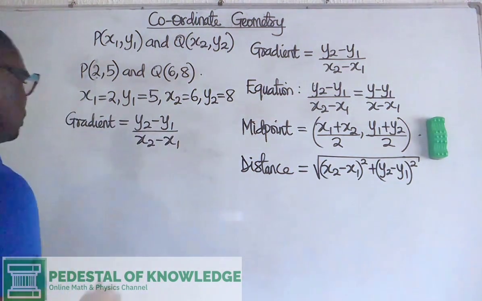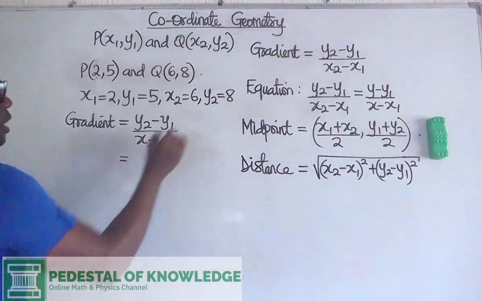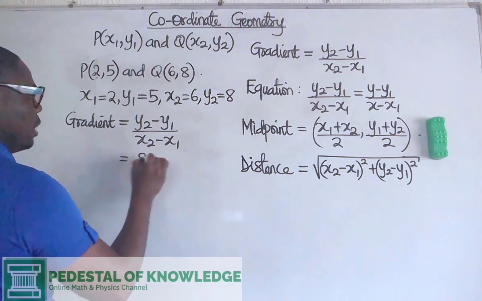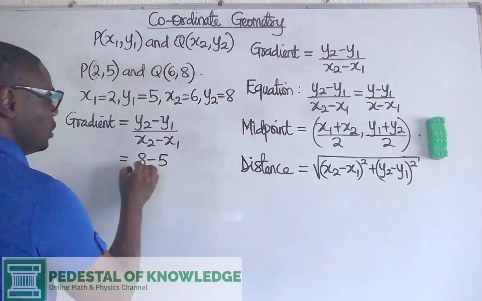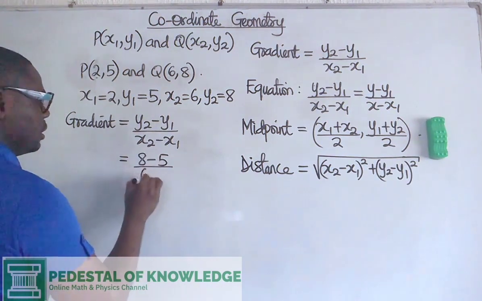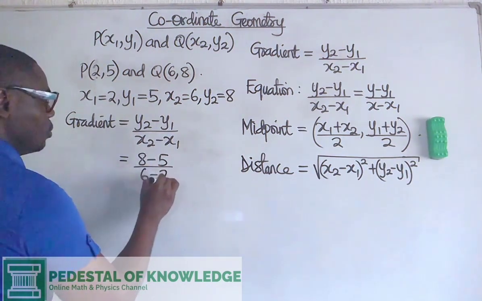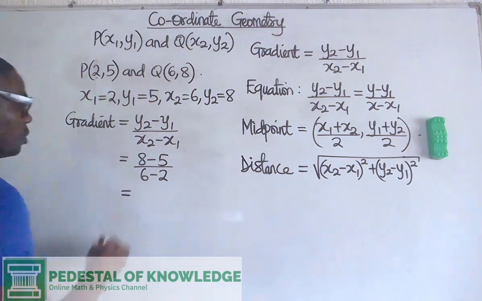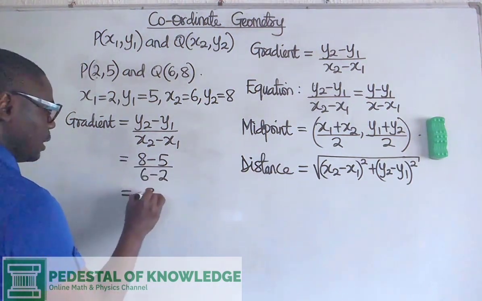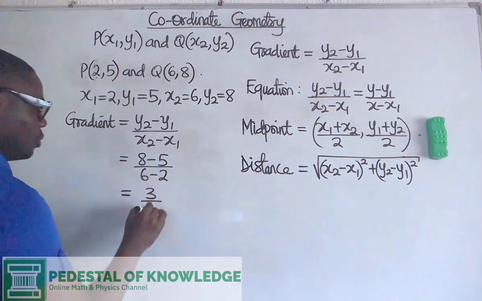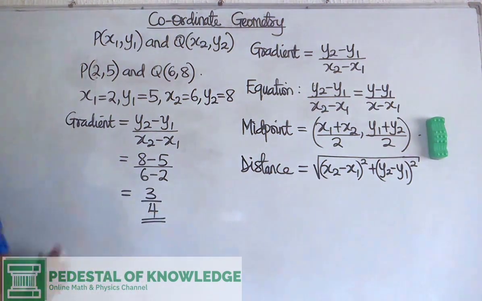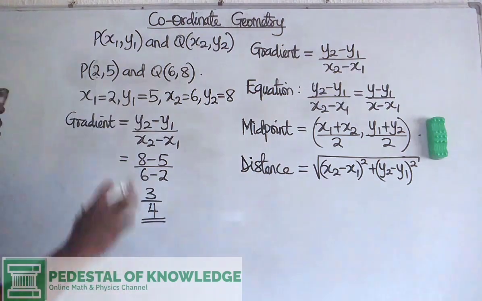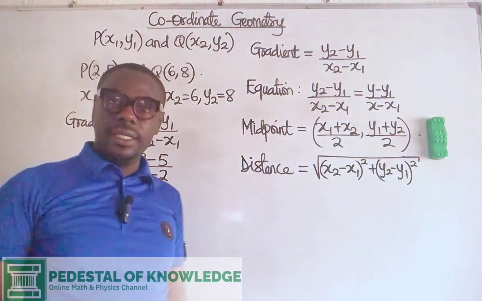Okay, now, this is equal to y2 is 8 minus y1 is 5 divided by x2 is 6 minus x1 is 2. And this is equal to 8 minus 5 will give us 3 divided by 6 minus 2 will give us 4. And this is the gradient of the line joining P and Q on the Cartesian plane. I hope you are getting it.